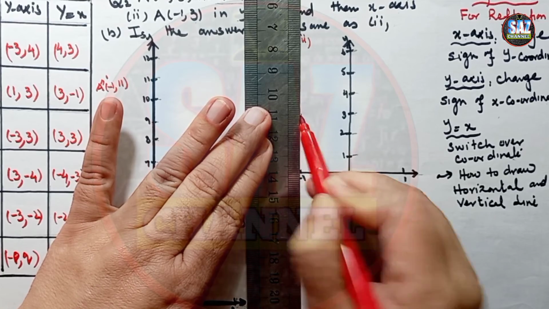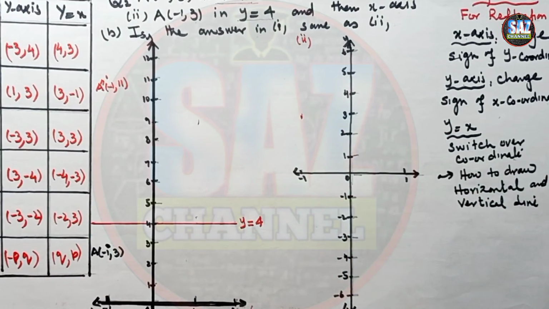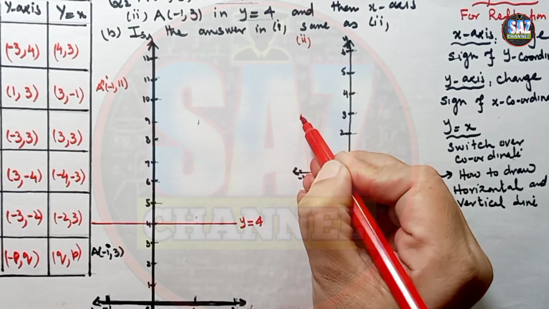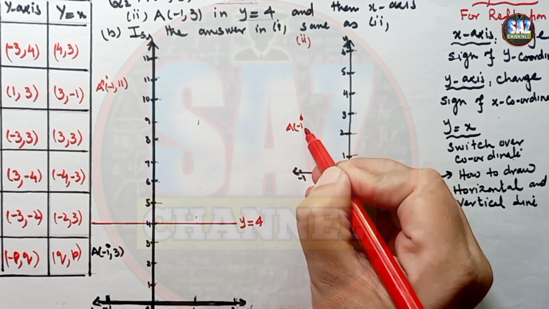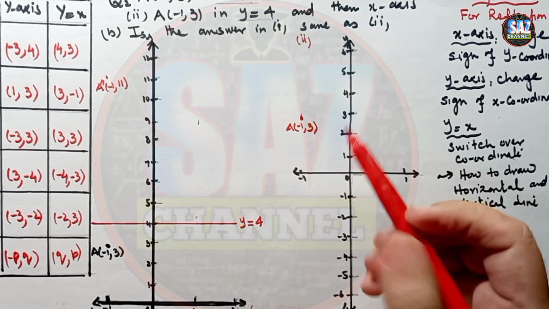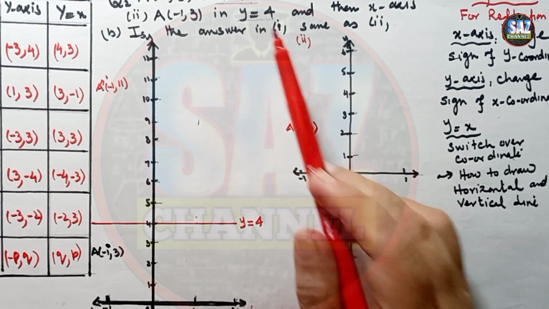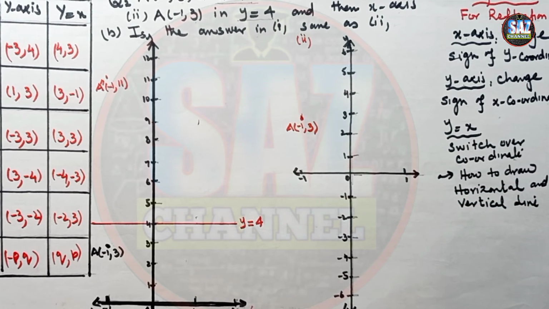This is the object A at (-1, 3). But now first I have to reflect this in y equals 4.